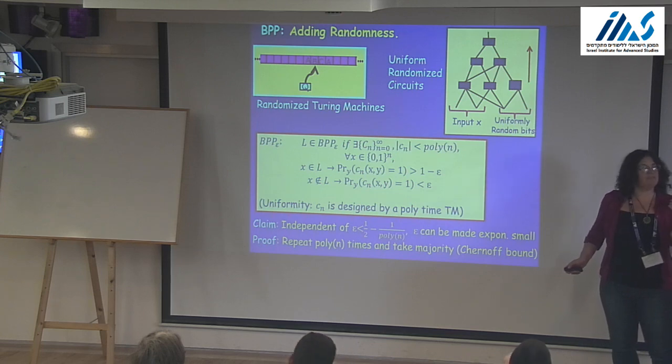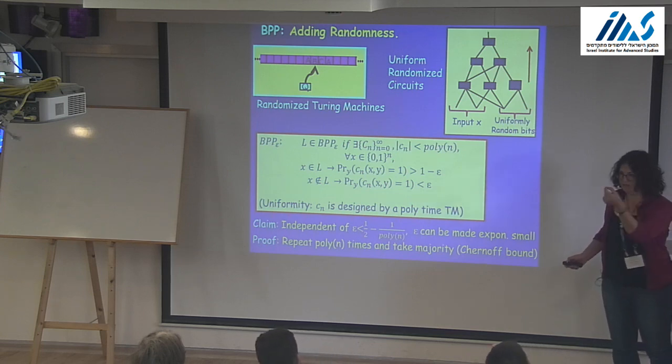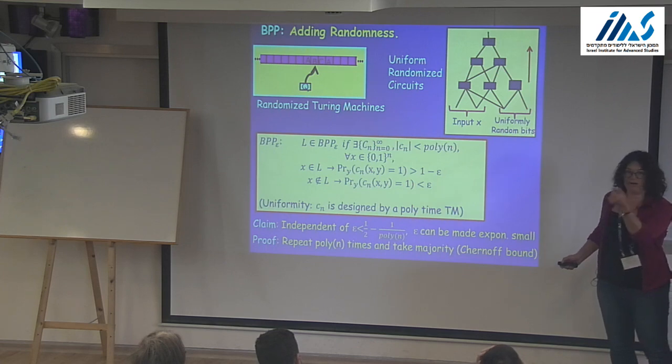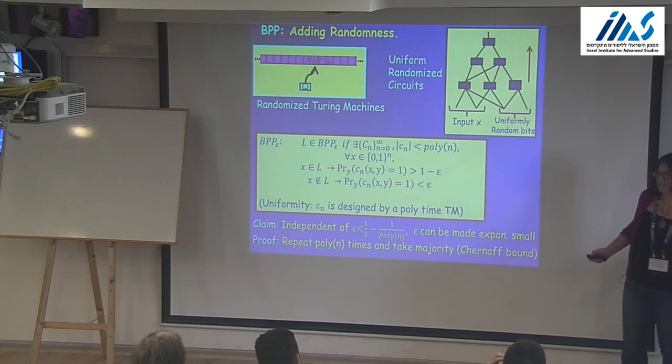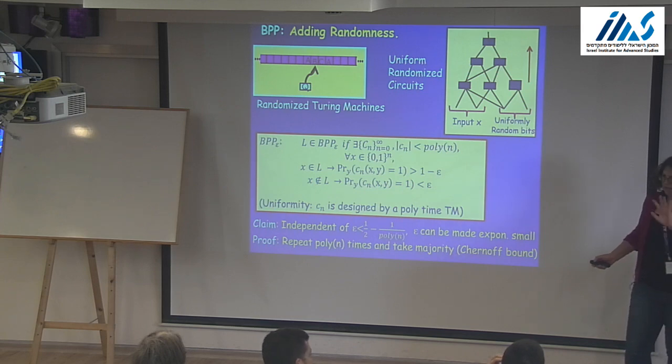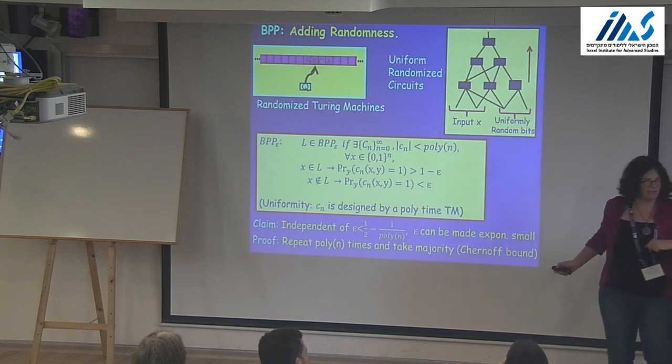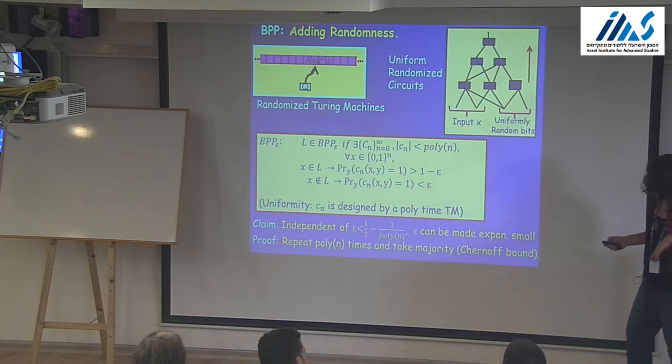That means that the expected number of right answers is half plus 1 over poly. And by Chernoff, the probability that the majority will be less than a half can be bounded from above exponentially. If you're not familiar with the Chernoff bound, check it out. It allows us to degrade the error exponentially.